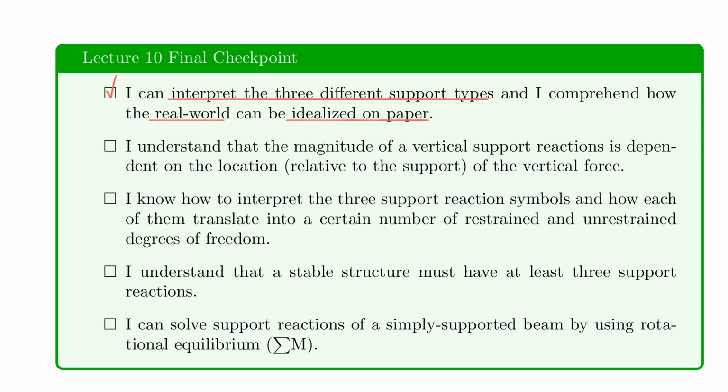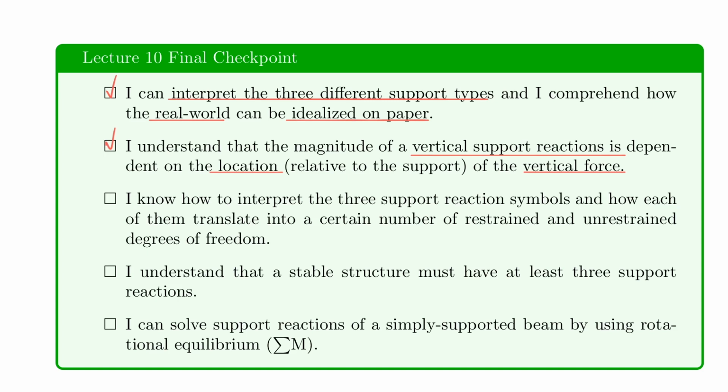And what we understood was that the vertical support reactions really depend on the location, relative to the supports, of the force that was represented by the student walking on top of that beam. So that is an important concept to understand today. The closer the student came to the support, the more that support had to support. So I can check that off too.